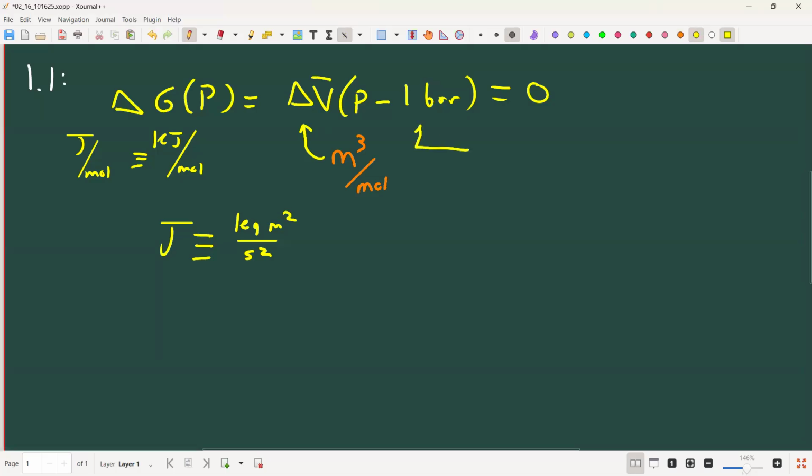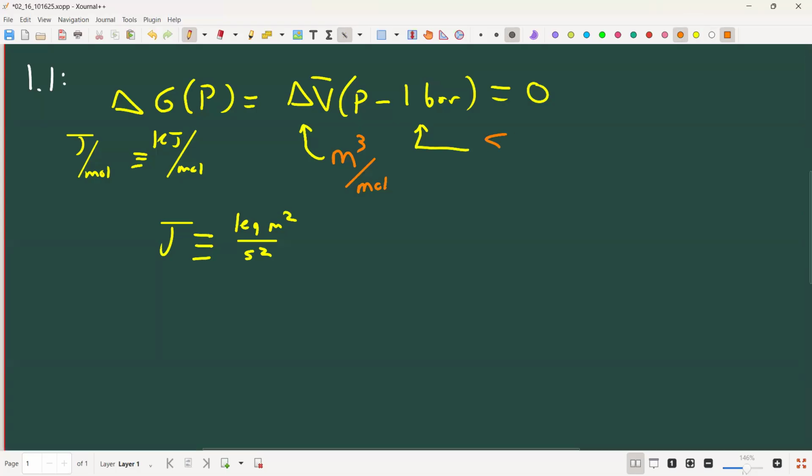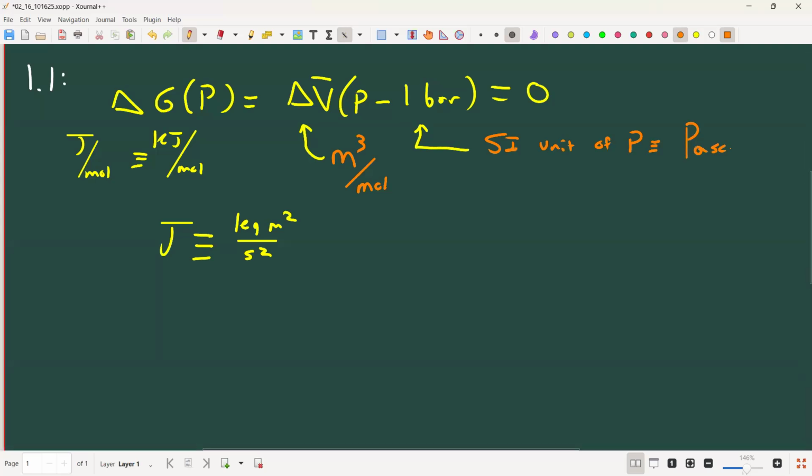And then you've got, this is originally in bars, right? But bars are not an SI unit, right? 1 bar is defined as a specific number of SI unit pressures. And the SI unit of pressure is what's called the Pascal, or we notate it Pa, all right?